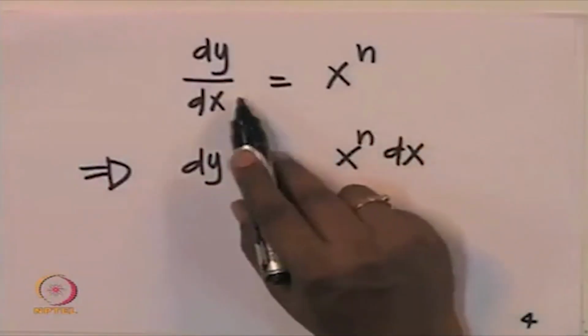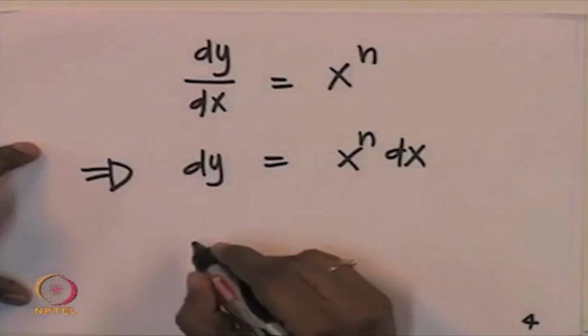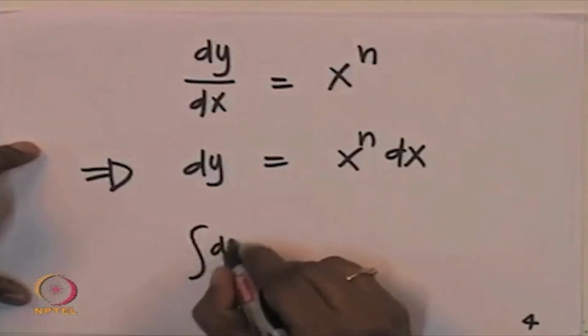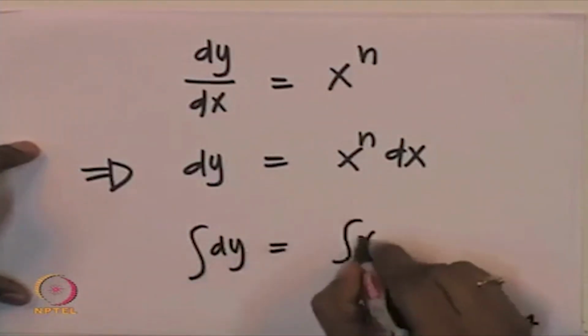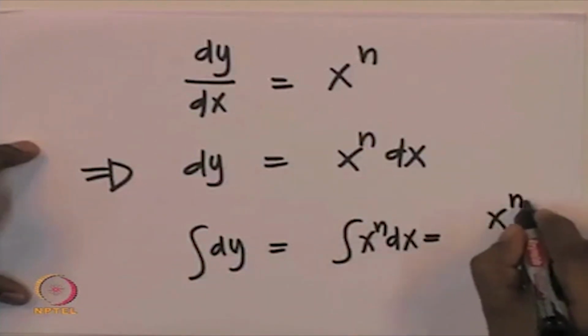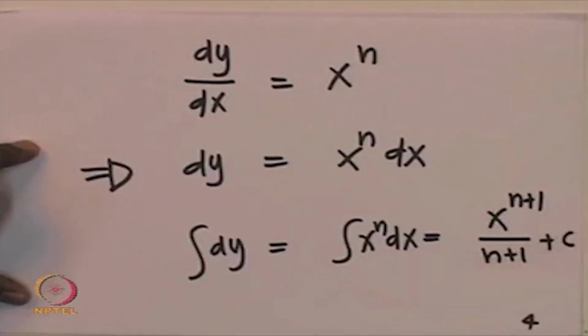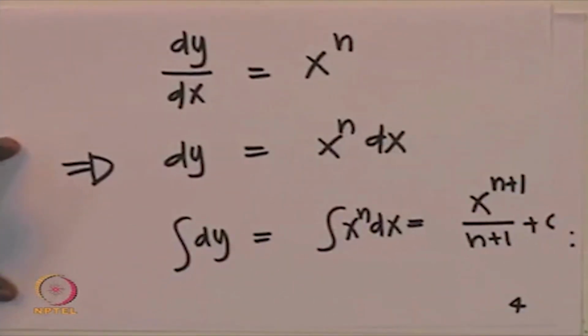We have dy by dx is x power n, so dy is x power n dx. So the integral of dy is the integral of x power n dx, and the answer we wrote is x power n plus 1 by n plus 1 plus a constant c. So this is the answer.